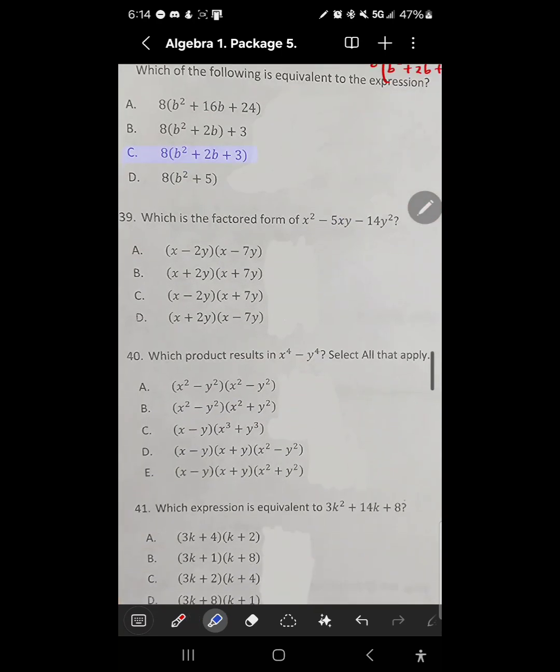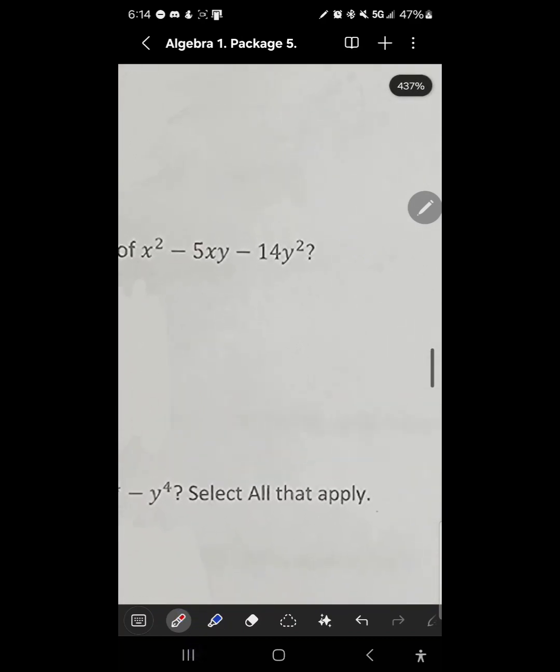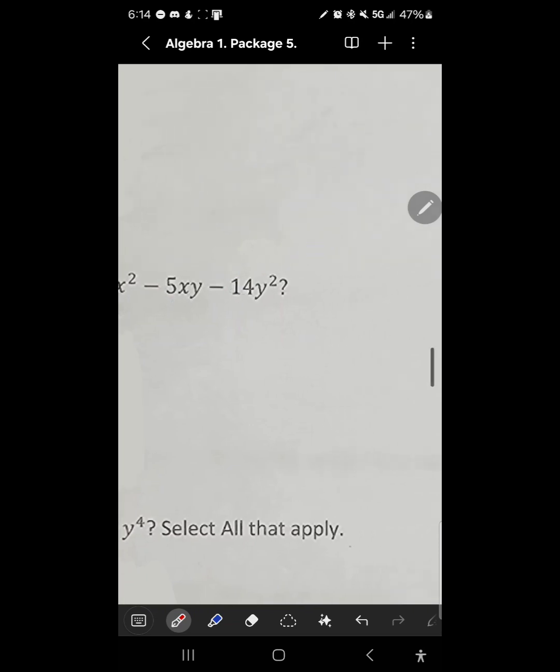Now, factor these. Okay. So I need two numbers that multiply to give me -14, and add together to give me 5. So I need a negative and a positive because I have a negative answer when I multiply them together. So it will be -7 and 2.